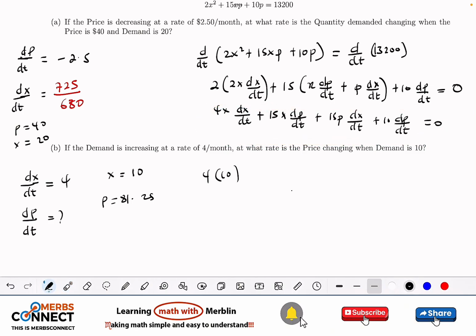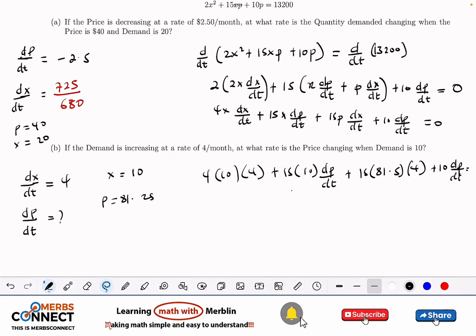Then dx over dt is 4 plus 15 times x is 10. dp over dt, which we are looking for, plus 15 times p is 81.25. And then dx over dt is equal to 4 plus 10. Then we are looking for dp over dt, which is equal to 0. So this is what we are going to get.